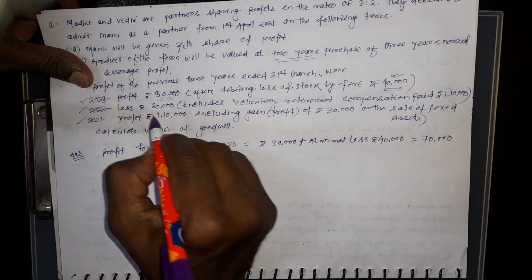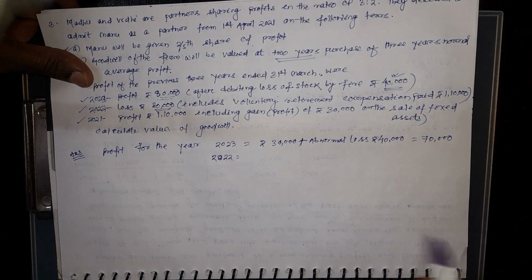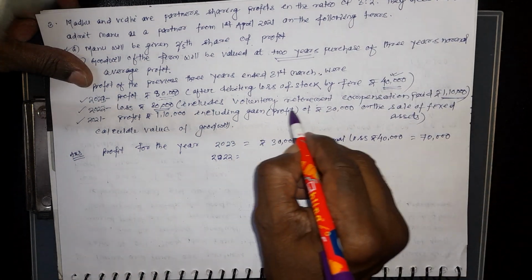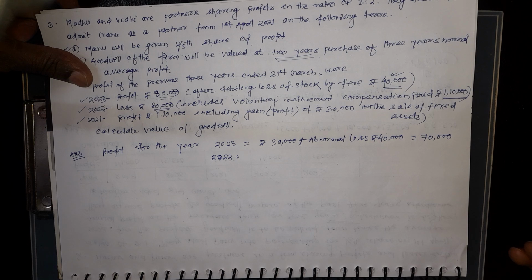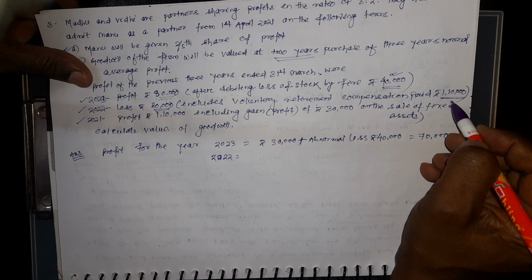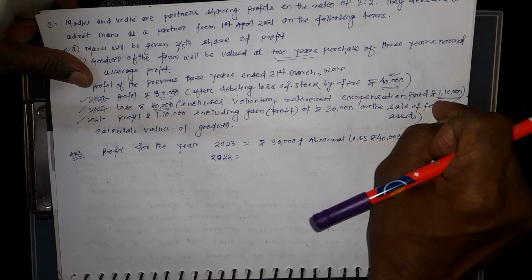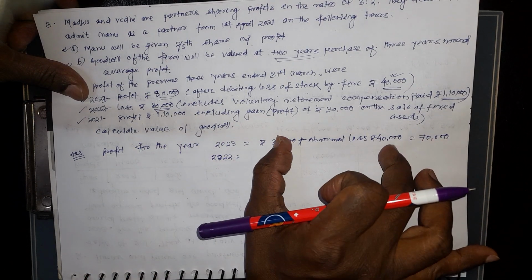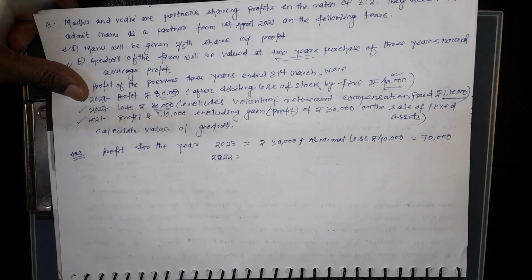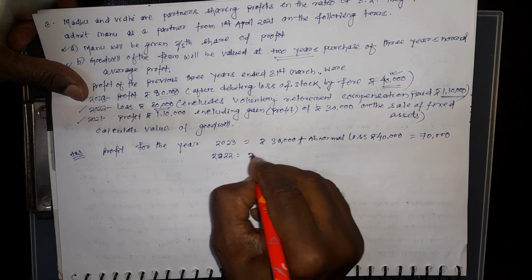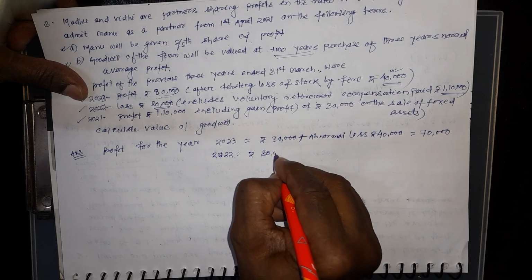here it is given that the firm suffered a loss, which includes voluntary retirement compensation paid. Voluntary retirement is an abnormal item. Clear? So if due to this the loss is 80,000, that means the credit side is more and the debit side is less. So in case of loss, what will you write? The loss was 80,000.